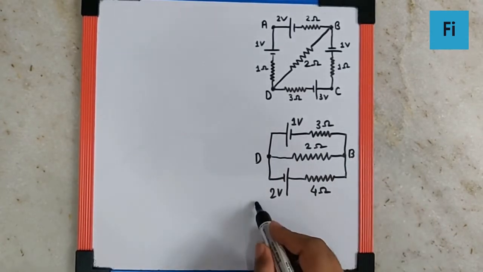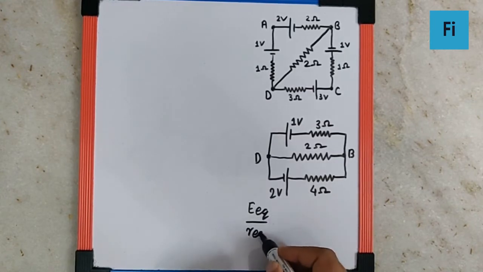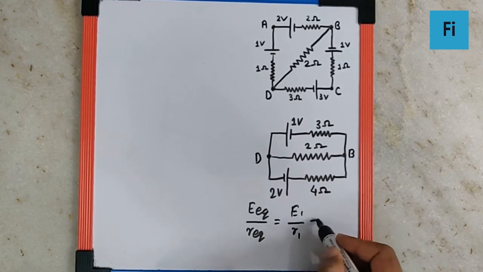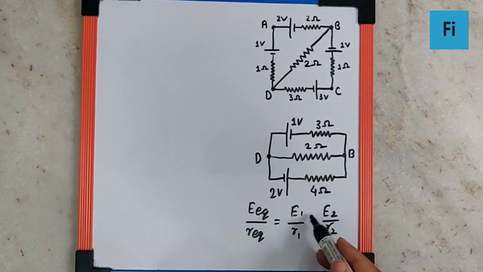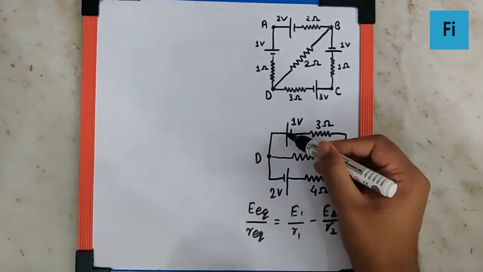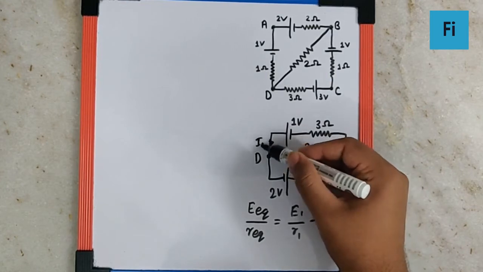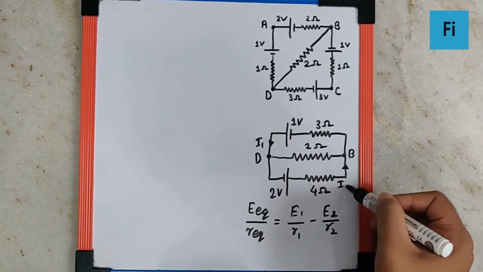for which we can use the shortcut: E equivalent by R equivalent is equal to E1 by R1 minus E2 by R2. Now if you are wondering why the minus sign over here, it's because the current in this branch will come over here as I1 in this direction, and current in this branch will come in this direction as I2.